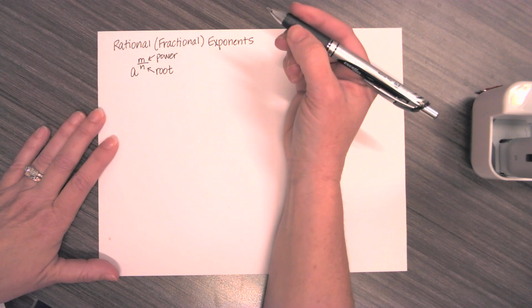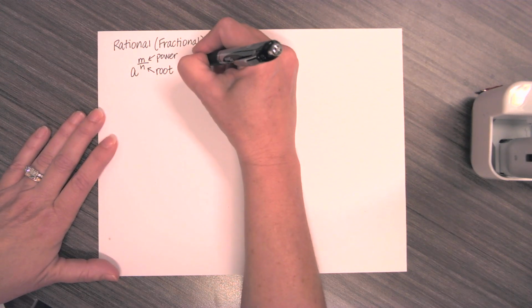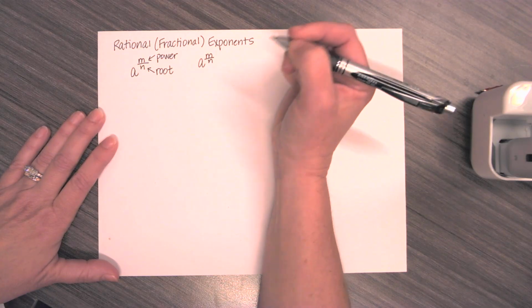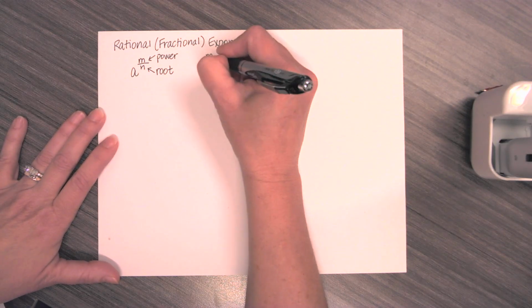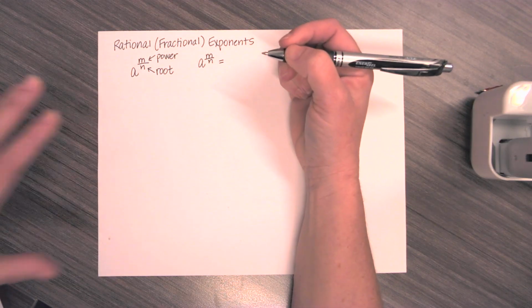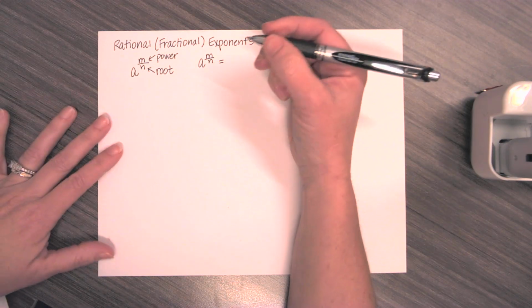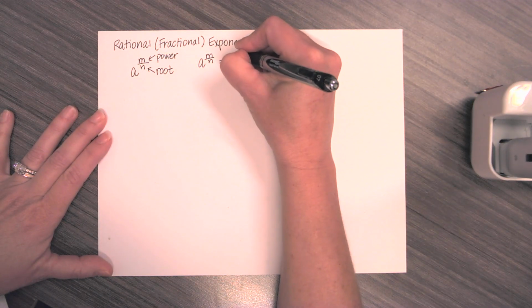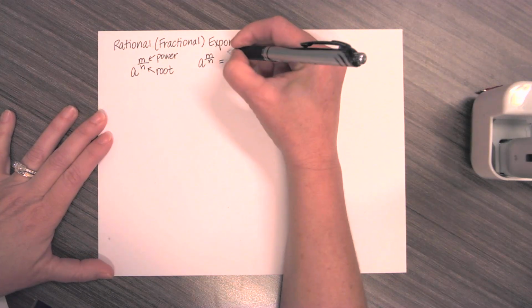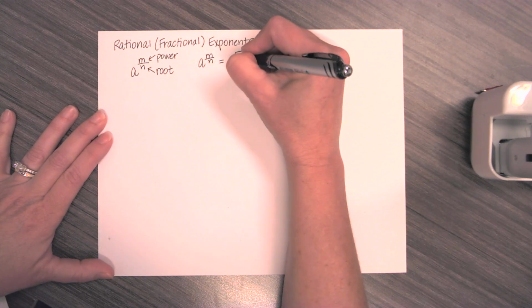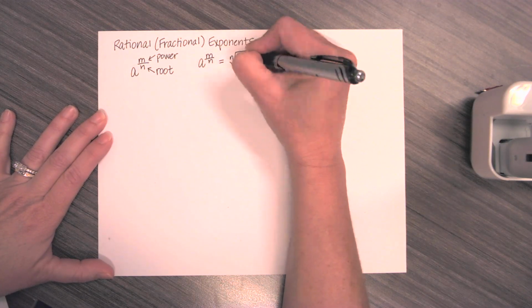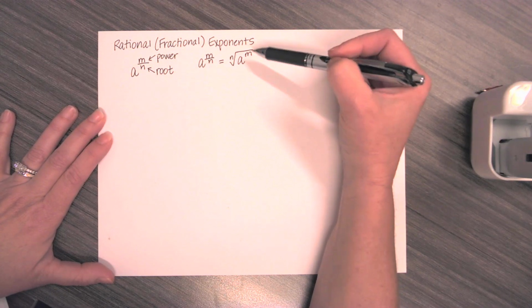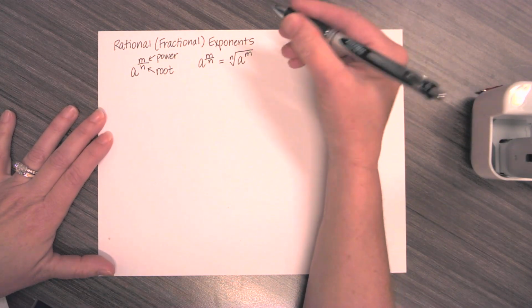So if we have something written with a rational exponent, we can rewrite it in radical form by taking the bottom number and making it the root, the nth root of this base raised to this power. Again, the bottom number is the root, the top number is the power.